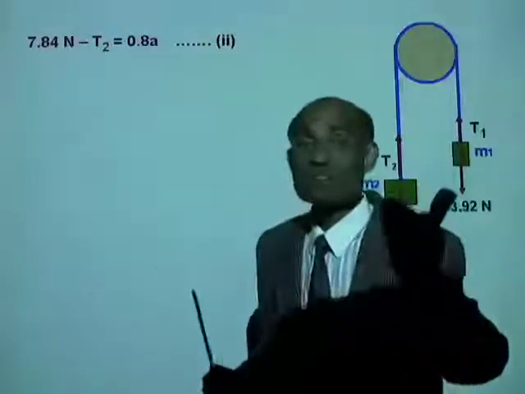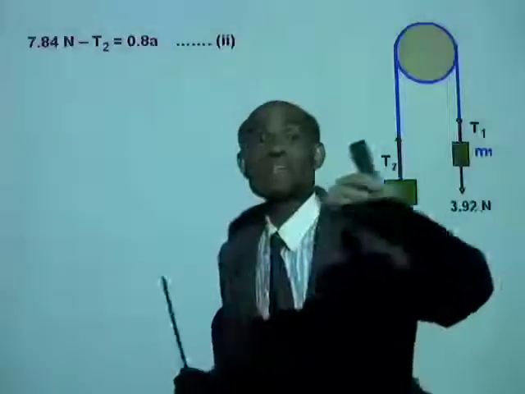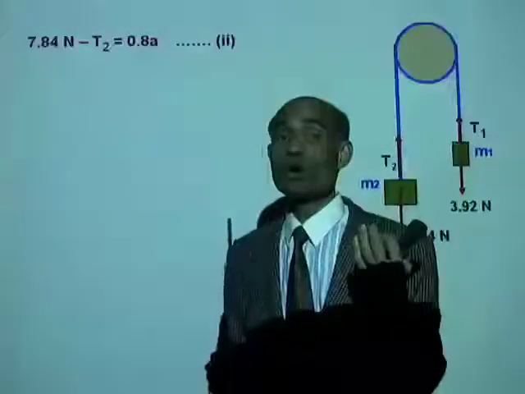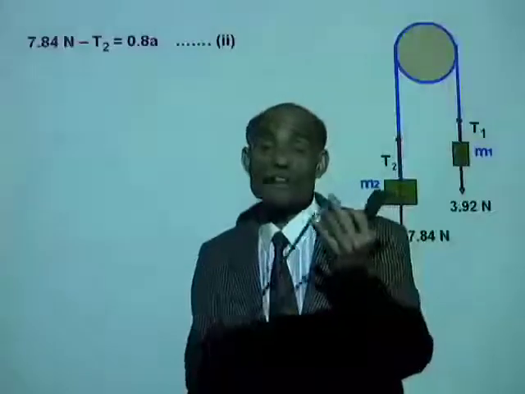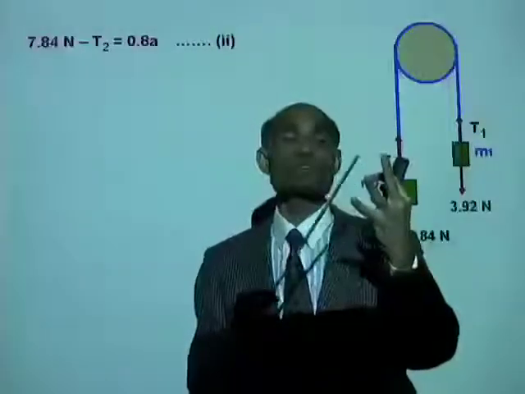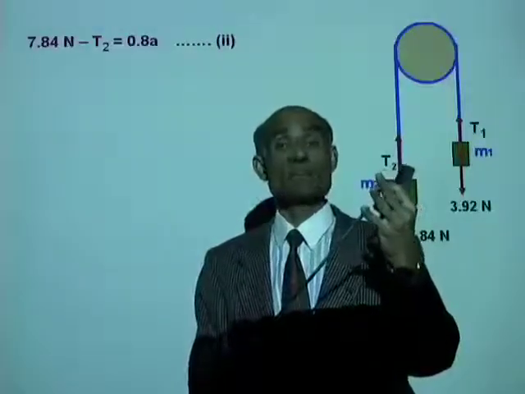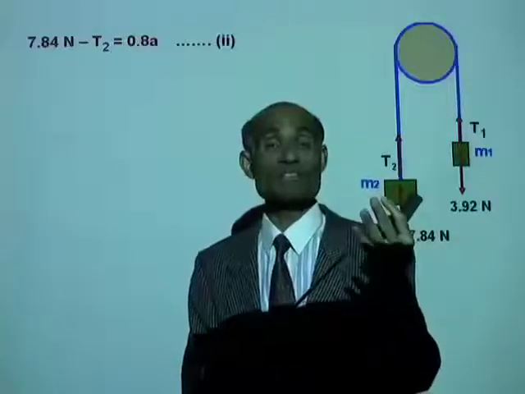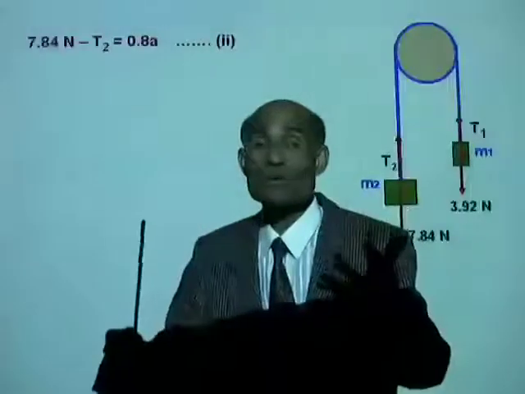In the first equation, we have the variables A and T1. So, we have two equations and three unknowns, T1, T2, and A. We cannot solve these equations. We need to get a third equation.